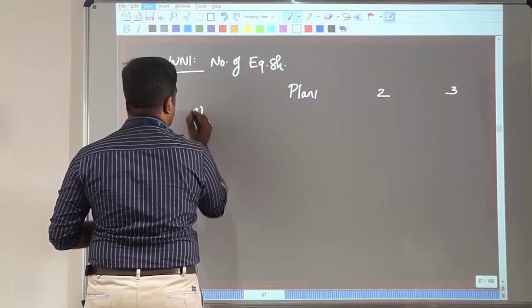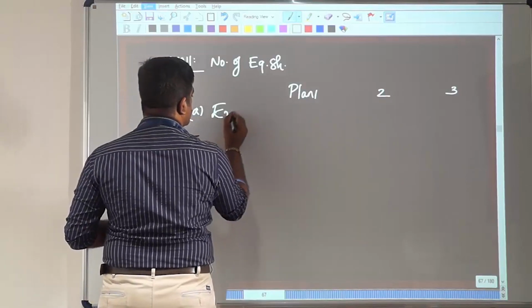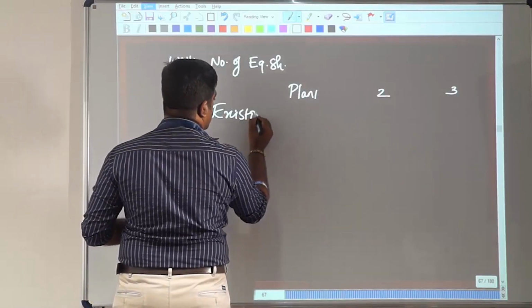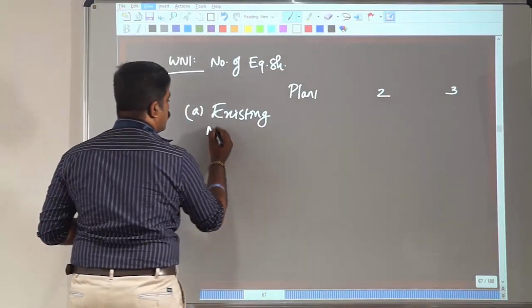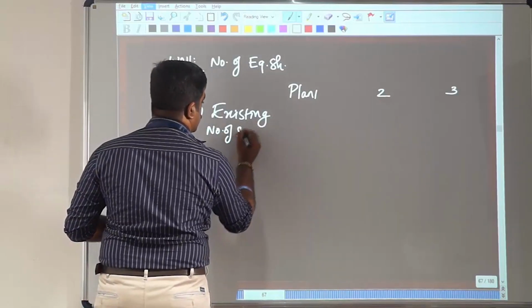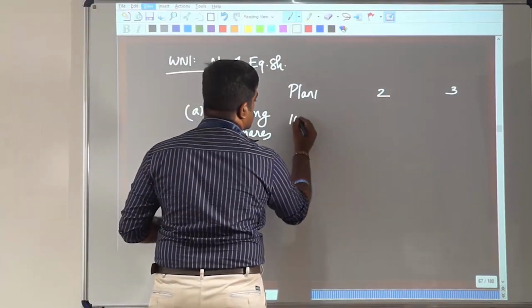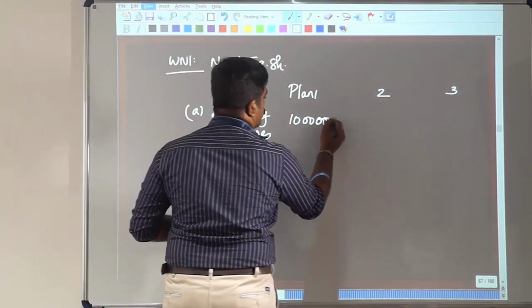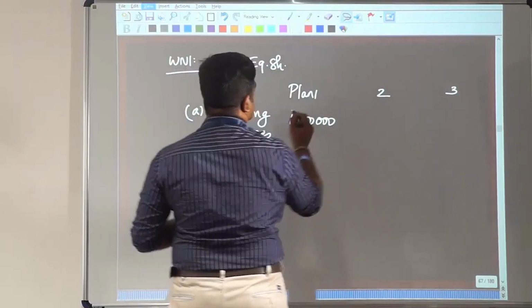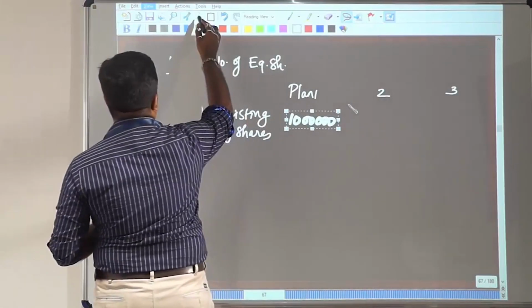In all the 3 plans, there are certain number of shares already in the picture. Existing number of shares, and we have that information in the question. Existing number of shares are 10 lakhs.